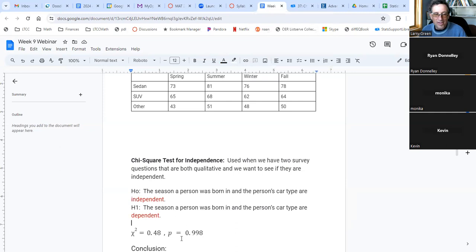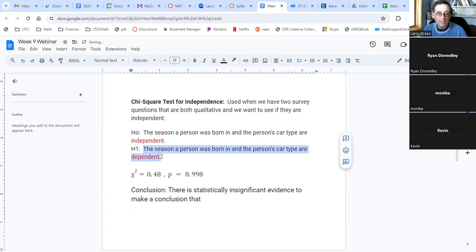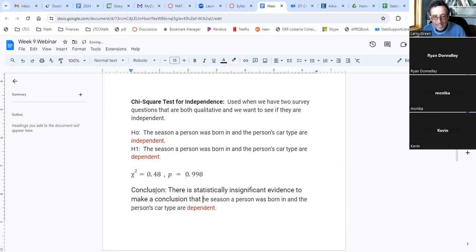Okay. So what we can do is we can say there is statistically insignificant evidence to make a conclusion that, and again, I can just copy and paste H1, and make the not capital, just to make it prettier.